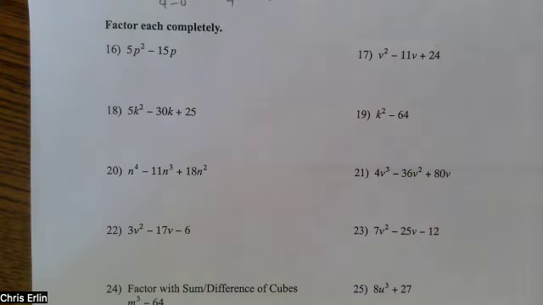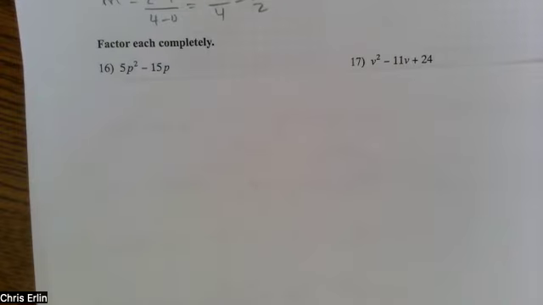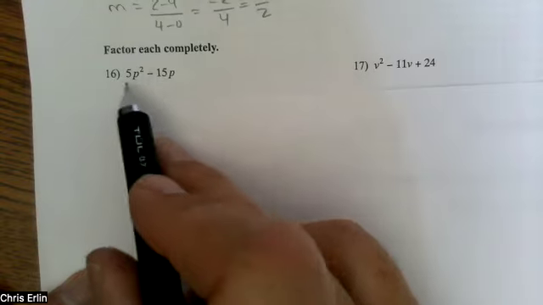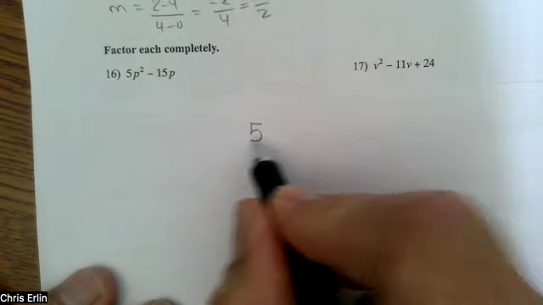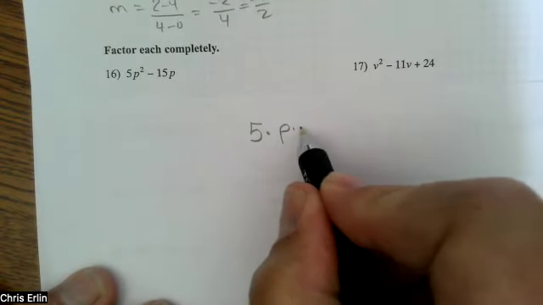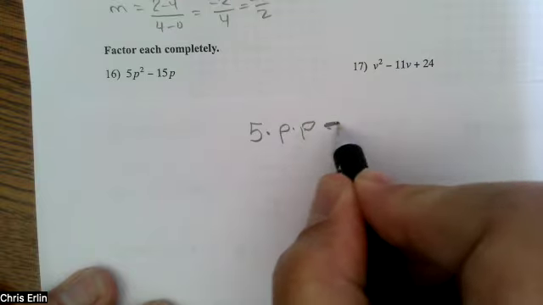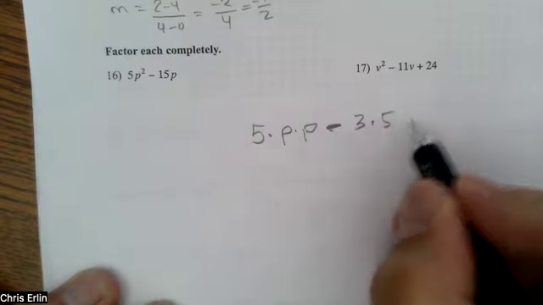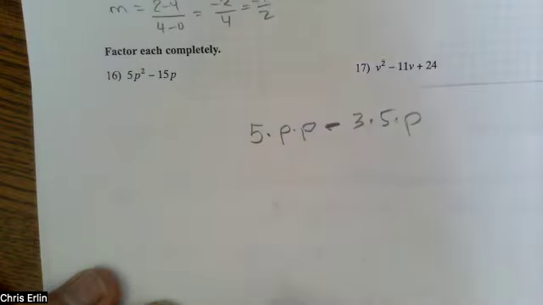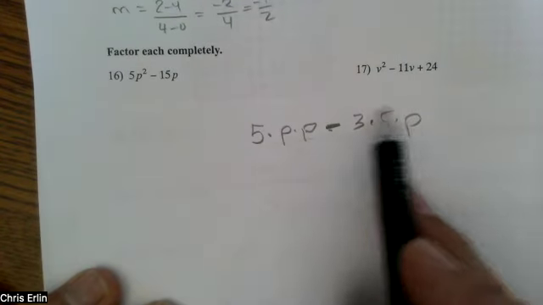What does factoring mean? It's weird because it's undivide. Excuse me, unmultiply. But is it divide? It's not. So what factoring means is I'm going to take each component and break it out. For example, 5 times p minus 3 times 5 times p. What do I have common to each of these terms?